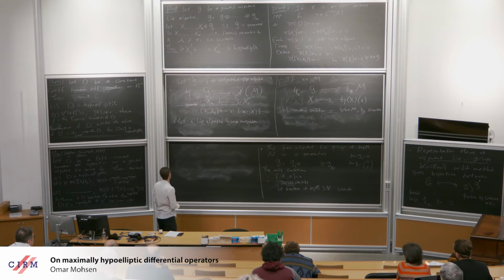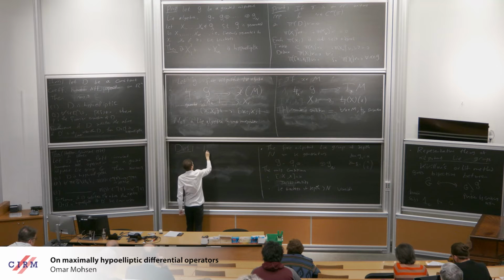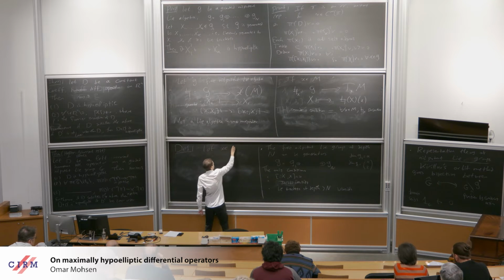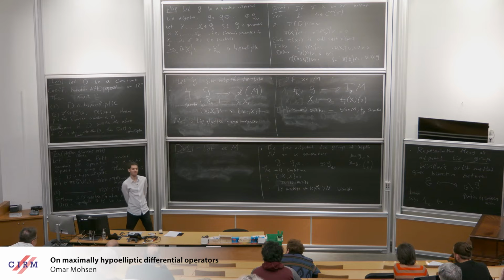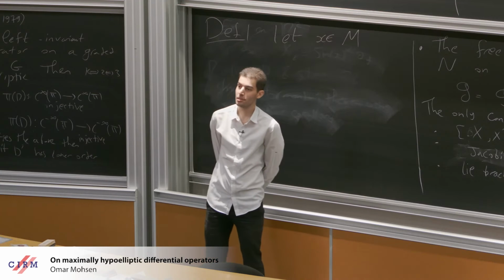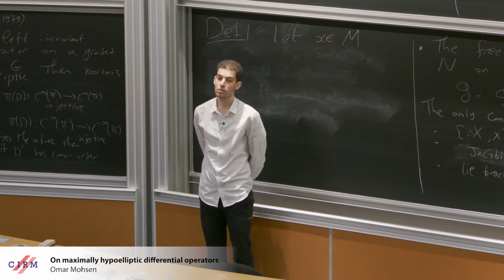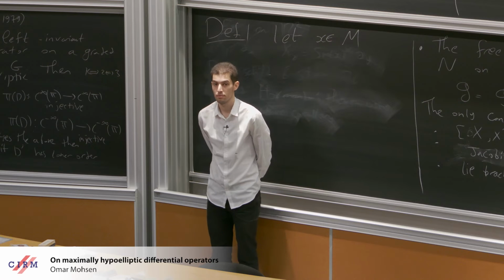So, definition. Let X be in M. So I lied a little bit. The set of representations not only depends on the manifold, it also depends on a point in the manifold.